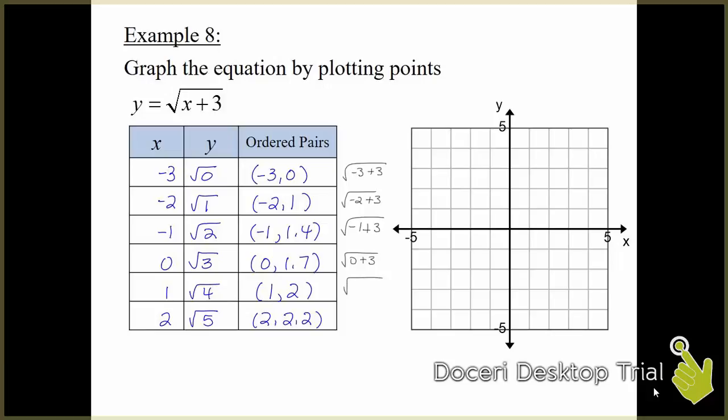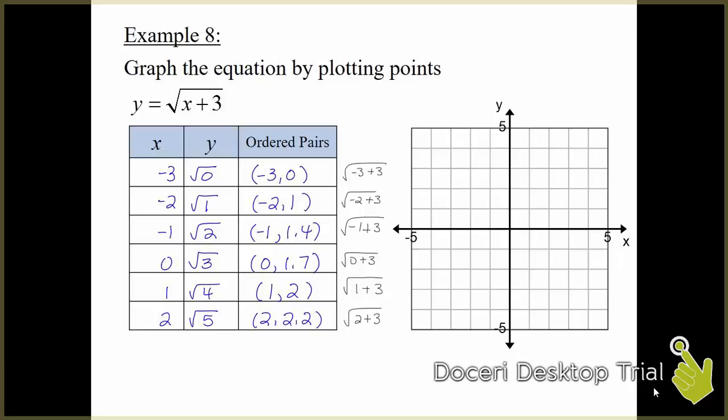The square root of 1 plus 3 is 4, so that's 2. That's a nice even answer. And then the square root of 2 plus 3 is the square root of 5. And notice I rounded that to 1 decimal place, mainly because you can't really graph any more accurately than that. You can't really distinguish between tenths and hundredths on a graph this size.